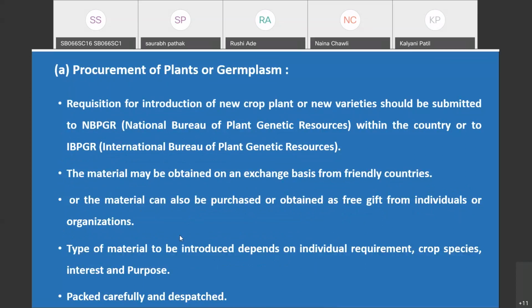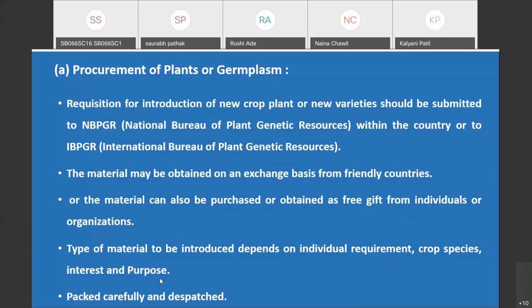Then another important factor in the procurement of plant is the type of material to be introduced. The type of material to be introduced depends on individual requirement, crop species, interest, and the purpose. Individual requirement means what?